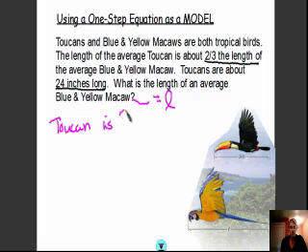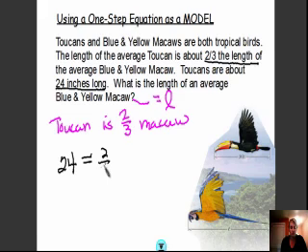A toucan is 2/3 the length of a macaw. Can we put this in math? It tells us toucans are 24 inches long. So we know that a toucan, which is 24 inches, is always equal to 2/3 the length of a macaw. And we said the macaw was L. So there we go. We have our one-step equation here.